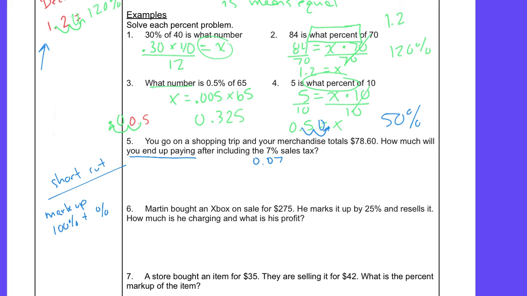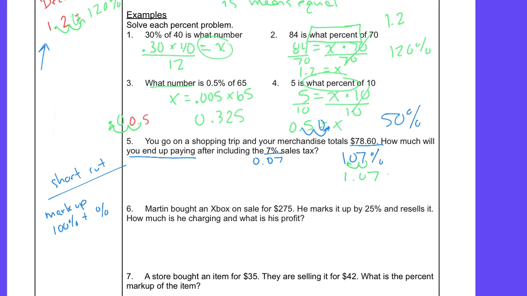So I'm going to pay for my whole merchandise. I'm going to pay for 100% of what I'm buying plus 7%. So we actually want to do 107%. That means I'm paying for all of this plus the 7% sales tax. And then turn that into a decimal. 1, 2. So that's 1.07.